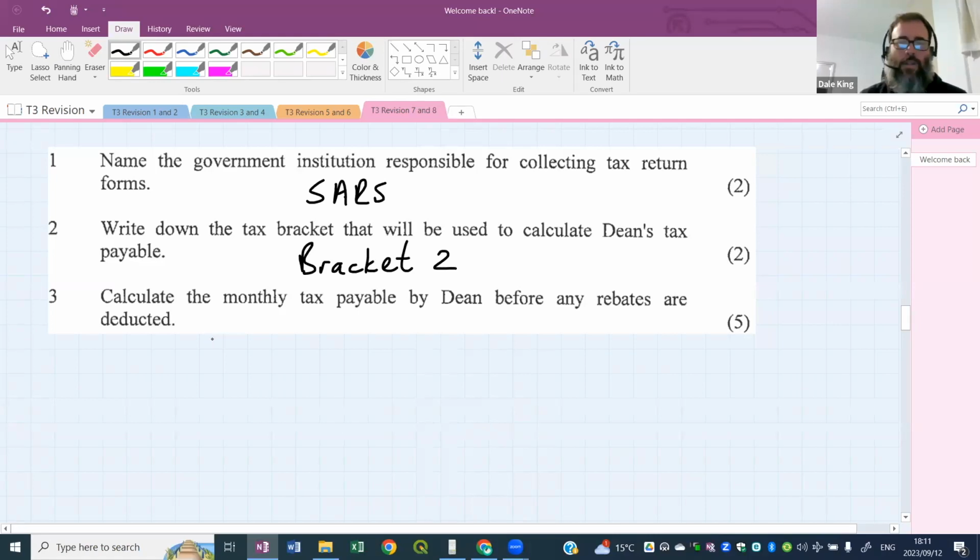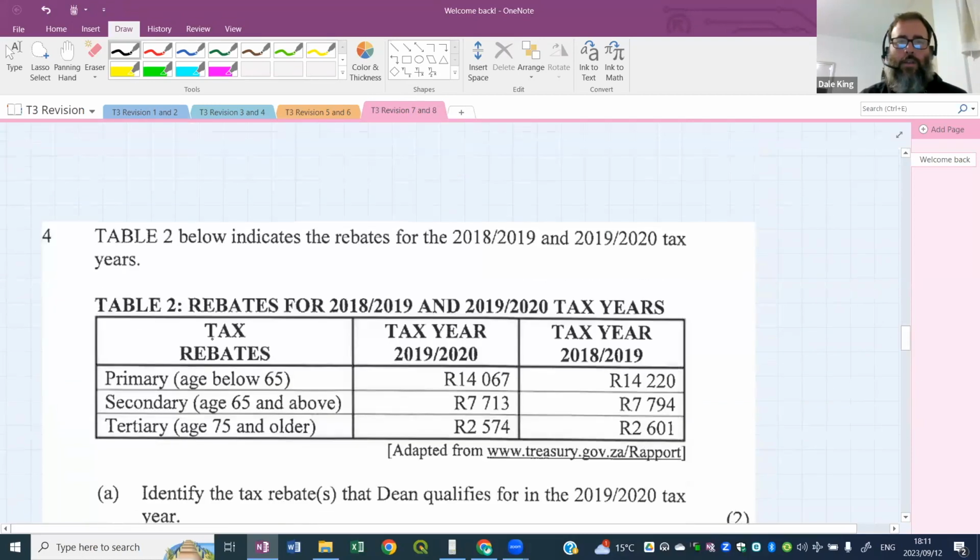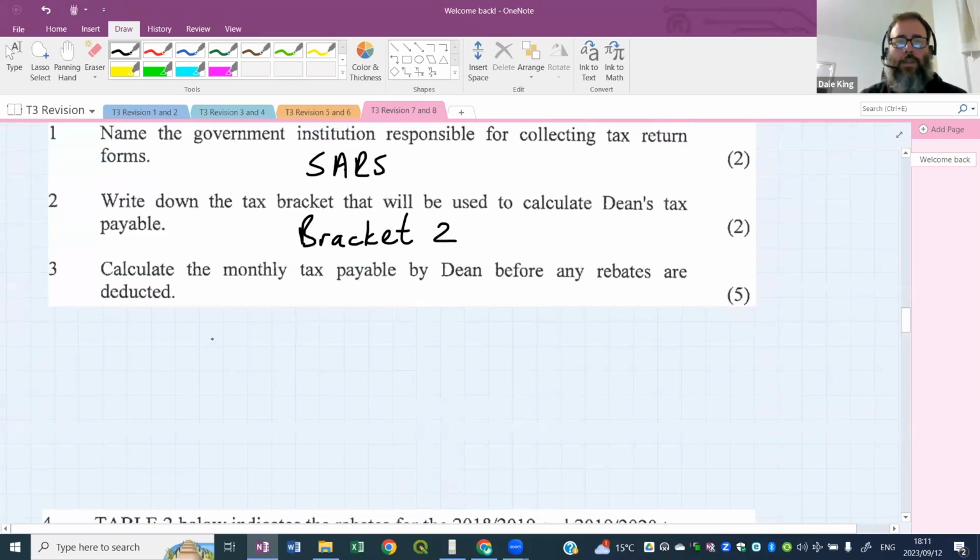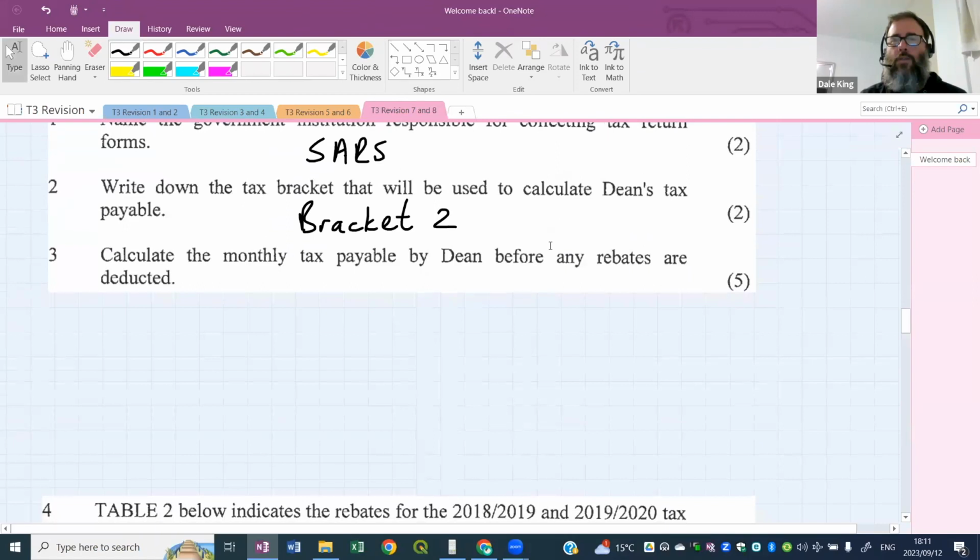We'll see the rebate table here. There it is at the bottom. We're not going to deal with it yet, but yes, a rebate is money that SARS wants to give you back. They give everyone a rebate, and depending on your age, you can get a basic rebate or a bigger rebate. So yes, it's money that SARS gives you back, which is fantastic.